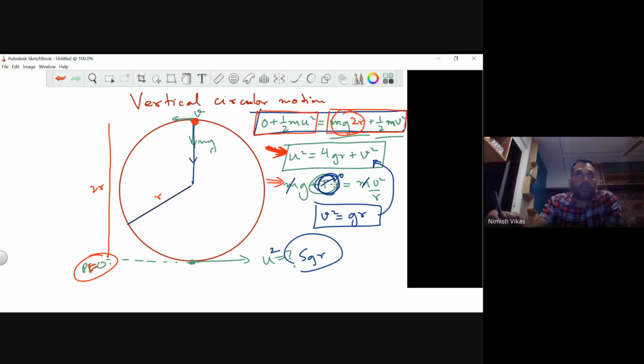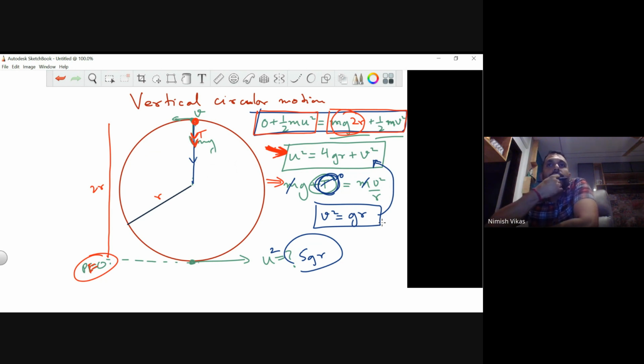If it is crossing with very good velocity and the string is tight, then there is some T. If it is just crossing, then T is just 0 over there. Is that clear? Yes, sir. mg plus T was the centripetal force, so mg plus T is equal to mv square by r. In this question, just crossing is asked, so we can very well put T equal to 0, and that is the thing. Is that clear?